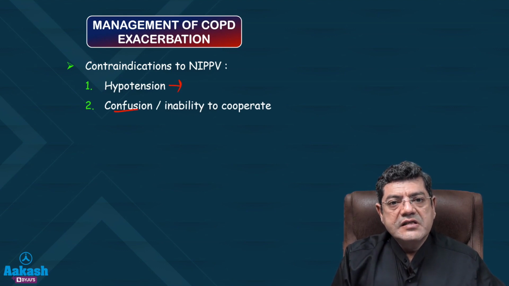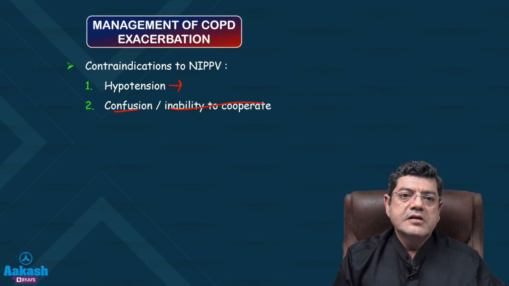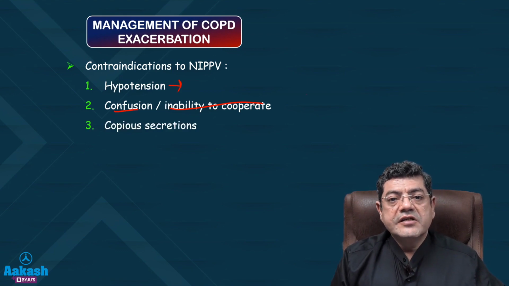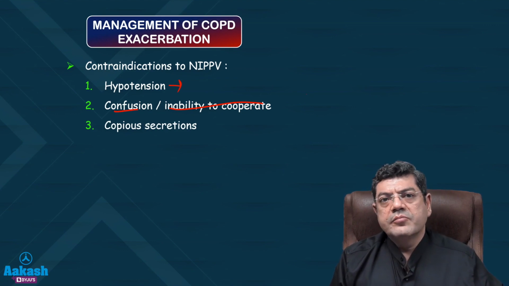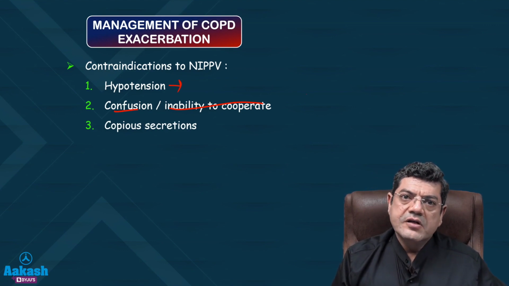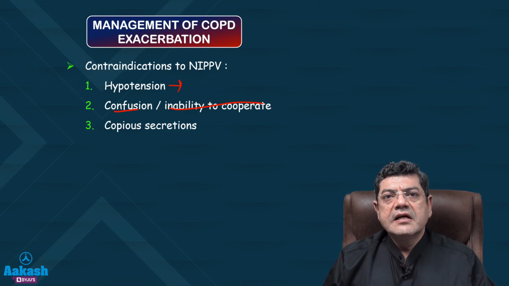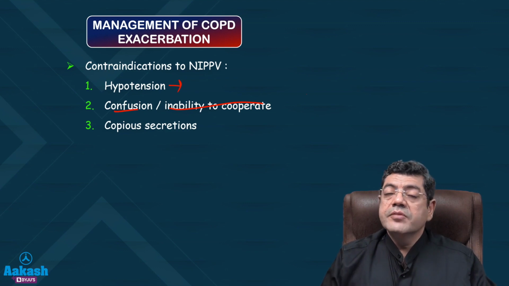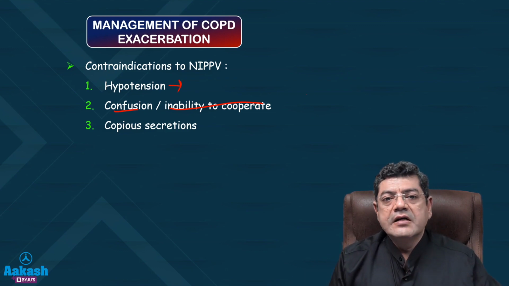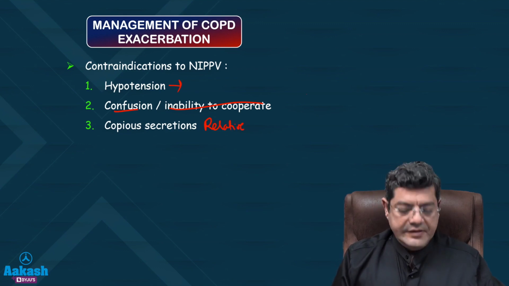When the patient's sensorium is altered, when the secretions are very voluminous or very thick, because then the patient cannot clear out those secretions, and their cough reflex is compromised because of their poor muscle mass, because of the infection, right? So copious secretions are a relative contraindication to non-invasive ventilatory support.